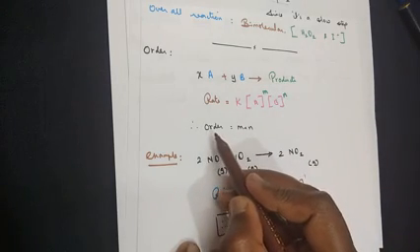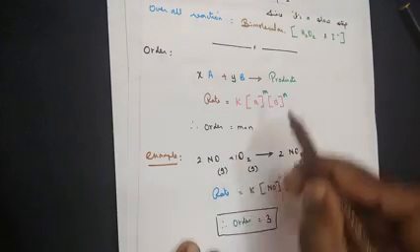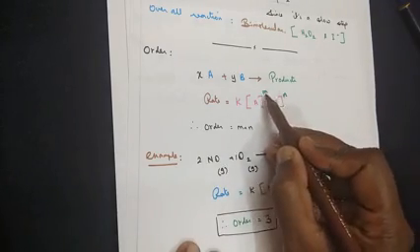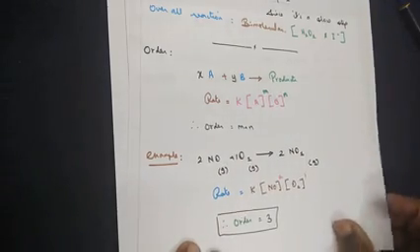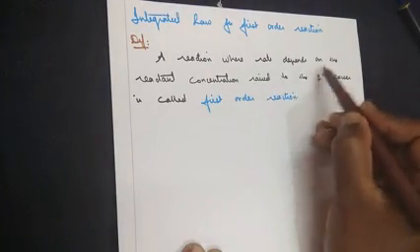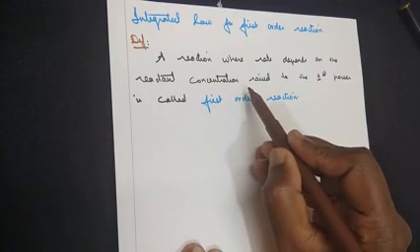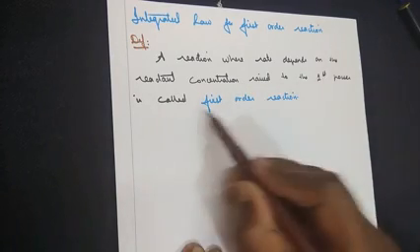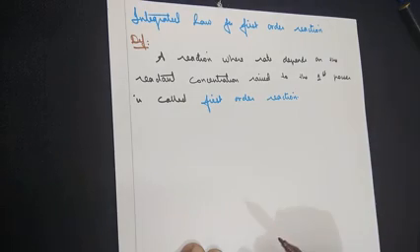So if we are asked to calculate the order of the reaction, just add the parts, that is M plus N gives us the order of the reaction. The same thing we are talking about here. So rate depends on the reactant concentration raised to the first power is called the first order reaction.